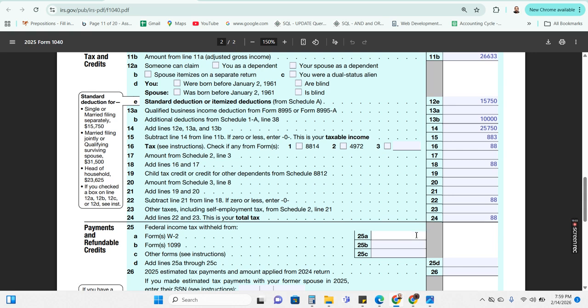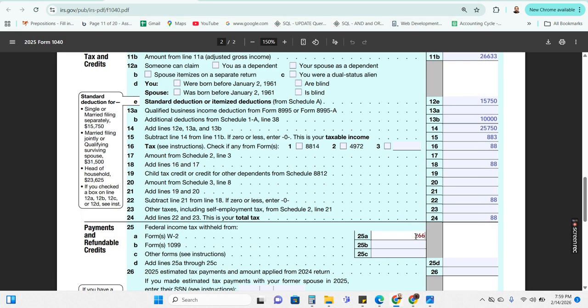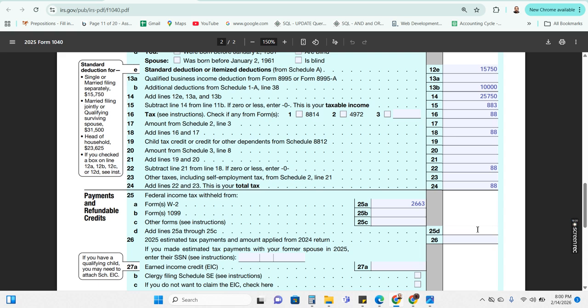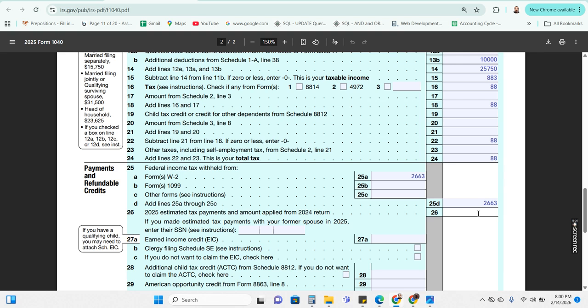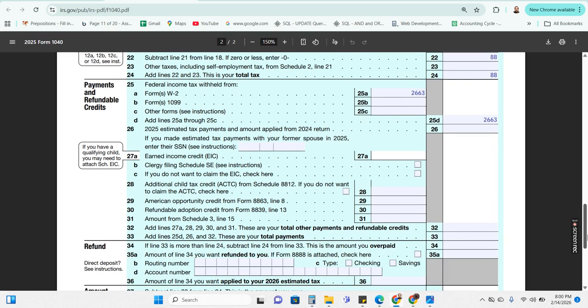Now we are going to see our federal income tax withheld. When we see our W2, in this case here 2,663. No forms 1099, no other forms. Okay. So when we add lines 25A, this is the amount, 2,663. Line 26, estimated tax amount applied, nothing. No earned income credit in this case. The client is not taking earned income credit.